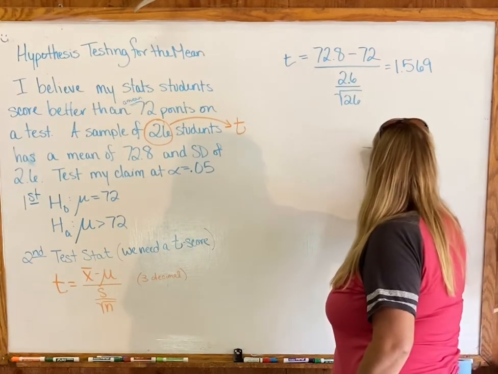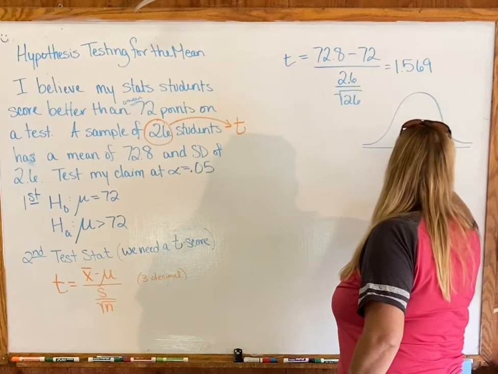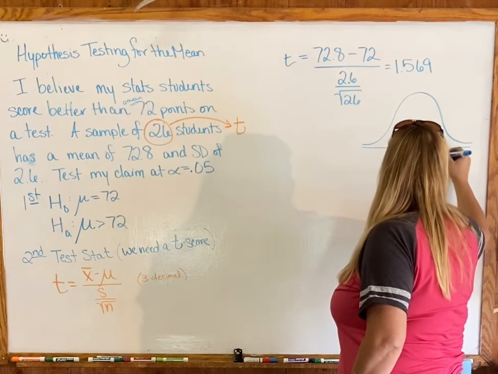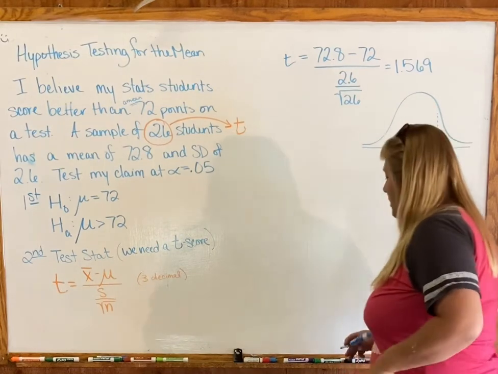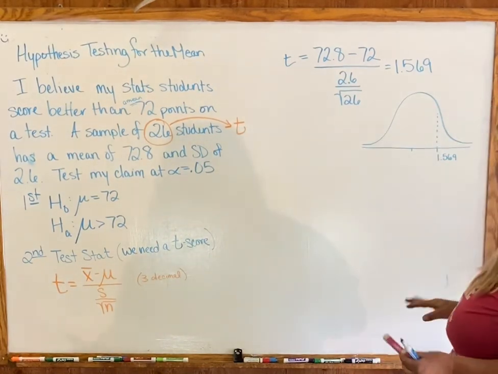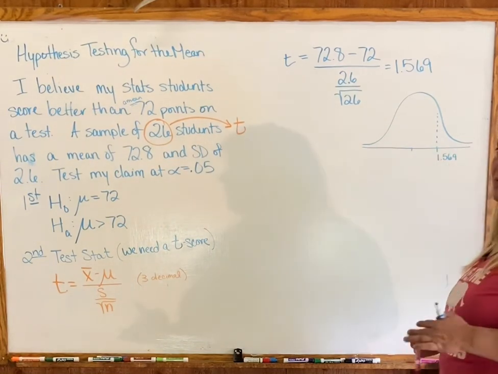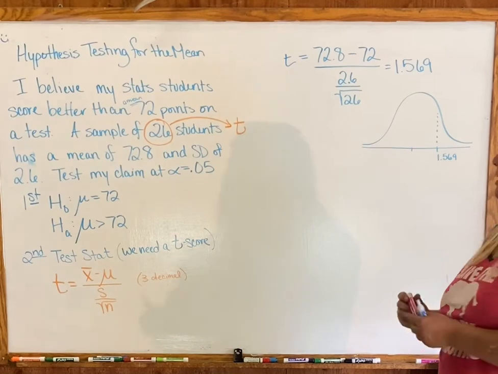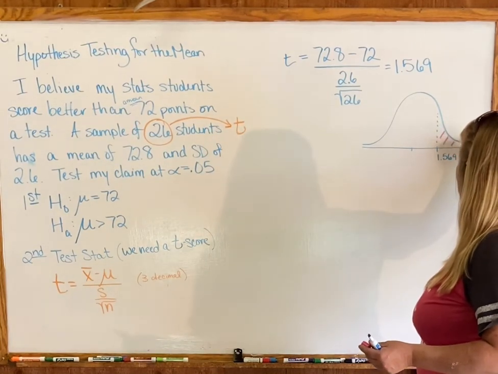And remember that we can also put that on our graph. 1.569. And then remind me which way we're shading this time. I want this graph to represent better than. So from our t-score, are we going to go this way?